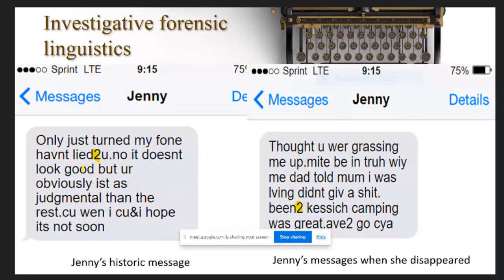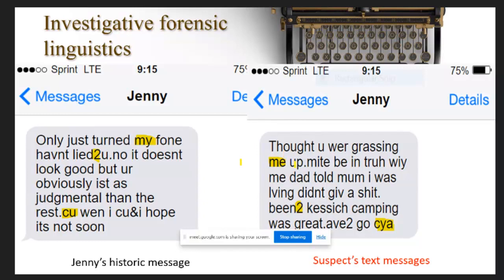Jenny had the habit of using "see you", while the messages when she disappeared used "see ya". And Jenny had the habit of using "my" and "myself", while the disputed messages used "me" and "myself". So the police concluded that these messages were not from Jenny, but from the suspect.